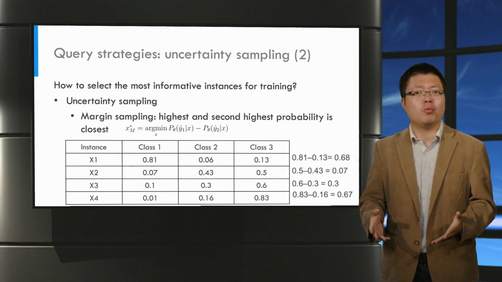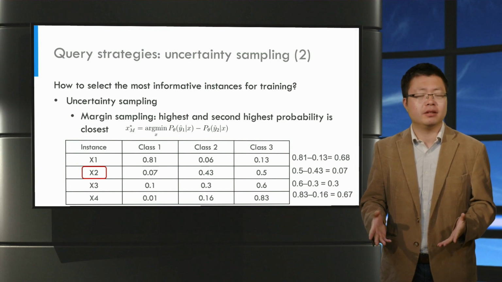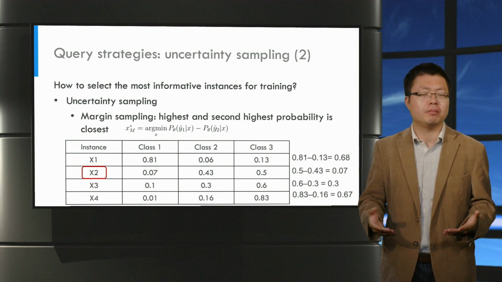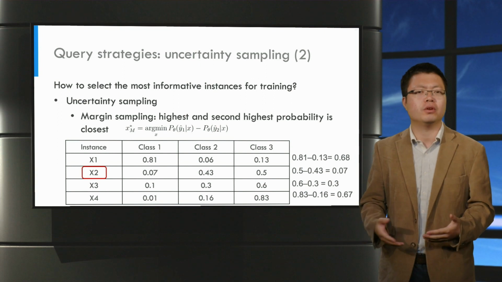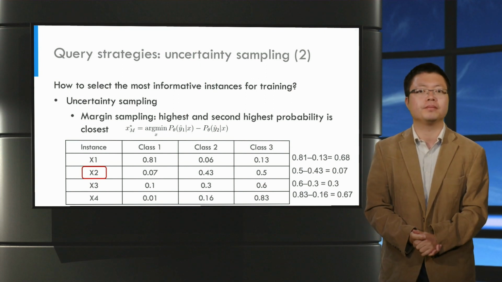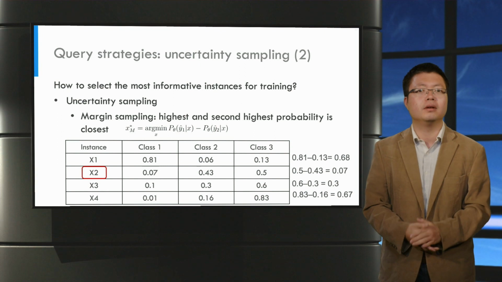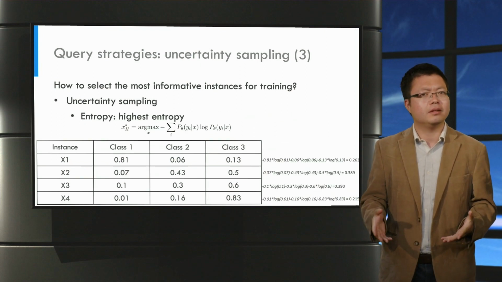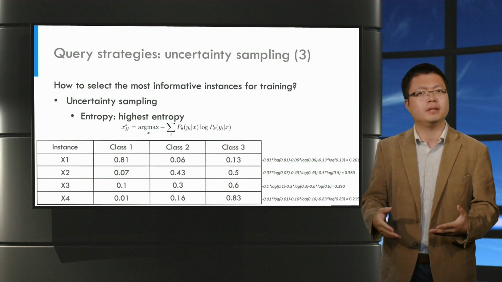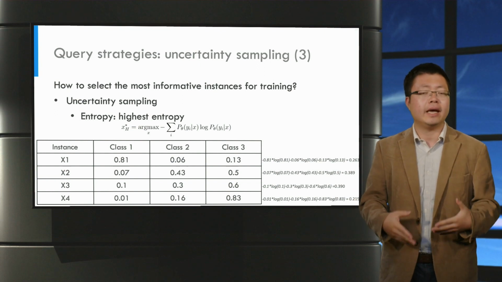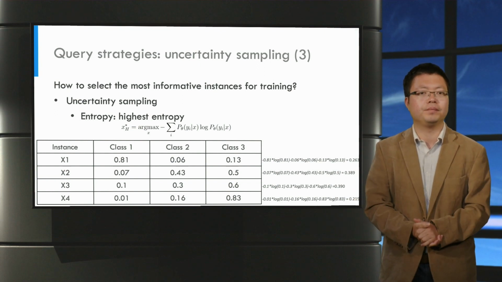For problems with very large label sets, the margin approach still ignores much of the output distribution for the remaining classes. The sampling method that takes into account probability prediction for all classes is entropy-based sampling.